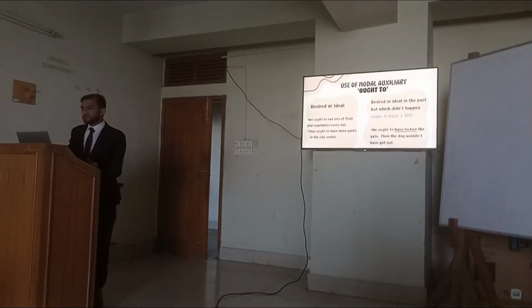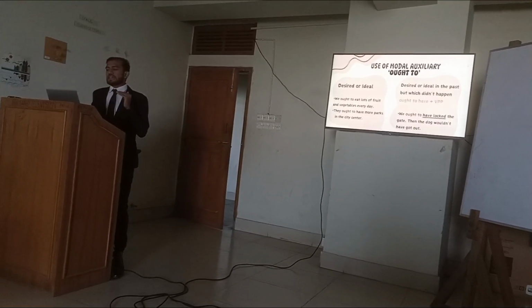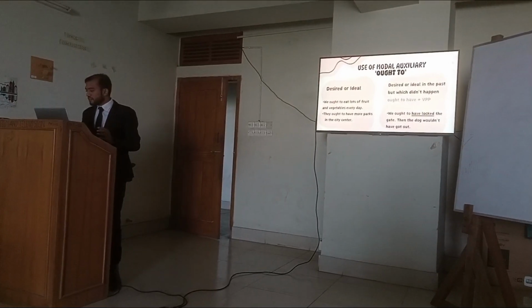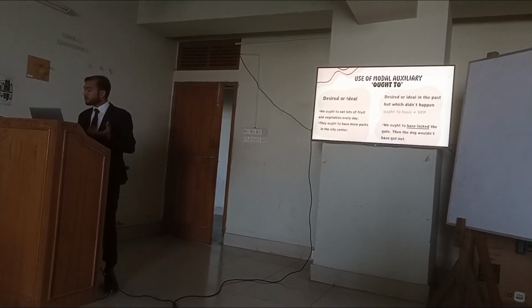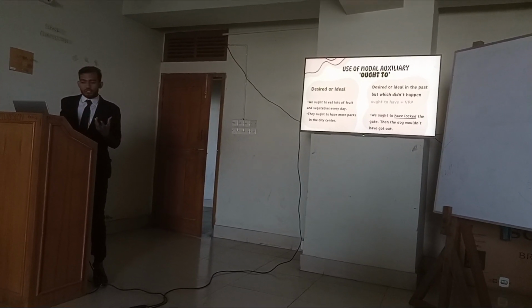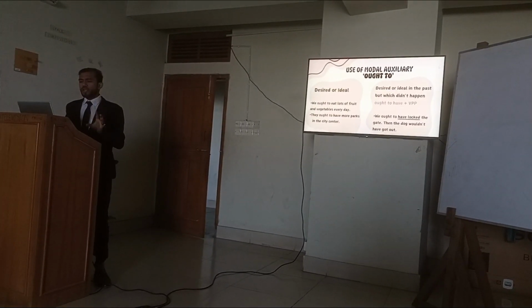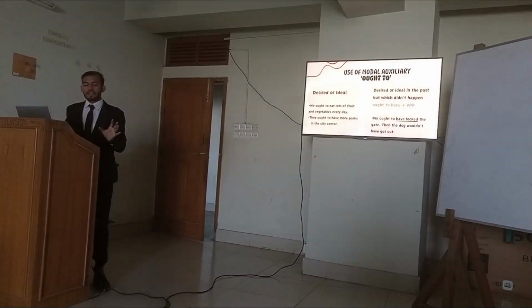Okay. The first is the functional use of ought to in English statements. First, we use ought to when talking about things which are desired or ideal. The example would be: we ought to eat lots of fruit and vegetables every day.